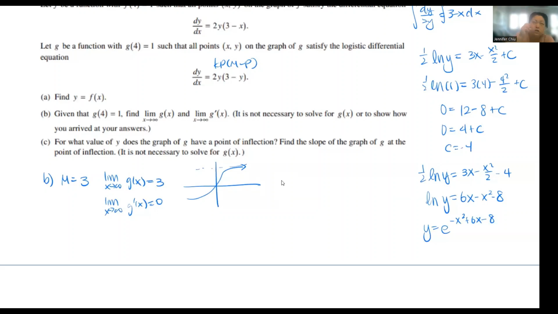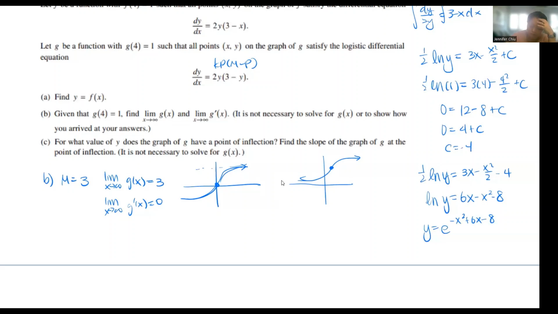Again, a logistic curve looks like this, where you can see it's concave up, pauses, and then concaves down. It may not cross through the origin, so it usually looks something like this, where this is your point of inflection. The point of inflection happens at halfway of your carrying capacity.